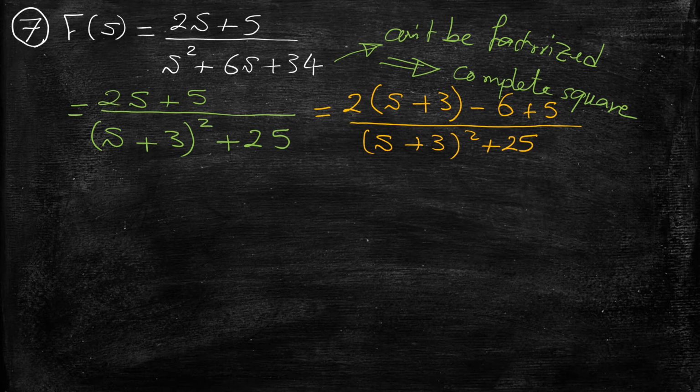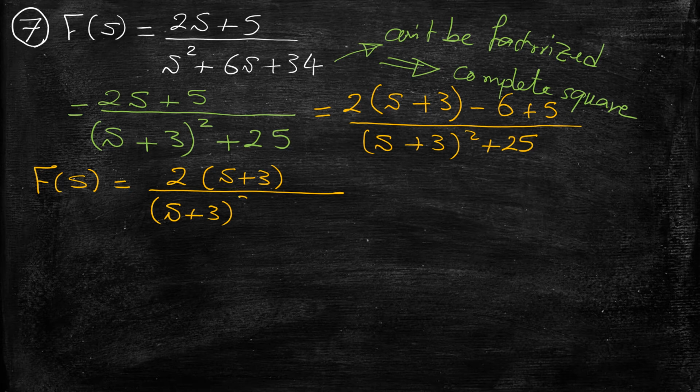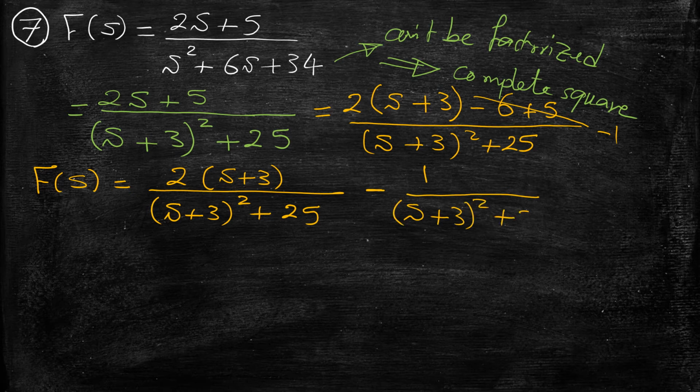So right now, just final rearrangement for this term, it will be (s + 3) over the same denominator, (s + 3)² + 25. And again, we have 6 and 5, these ones are minus 1. So it will be minus 1 over (s + 3)² + 25.